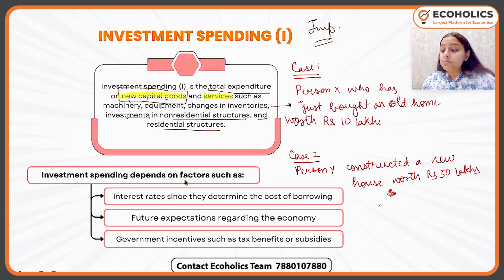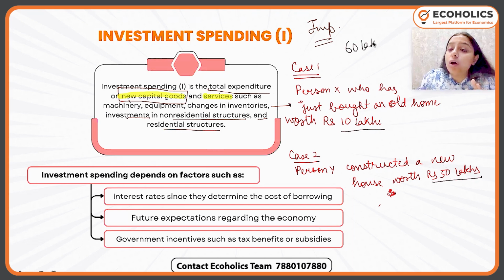Many students make this mistake by saying that the investment is 10 plus 50, so 60 lakhs, because investment is happening. Two houses are being bought, so 10 and 50, which is 60 lakh. But that is wrong. So 60 lakh is the wrong answer here, because the real investment expenditure is instead 50 lakhs.